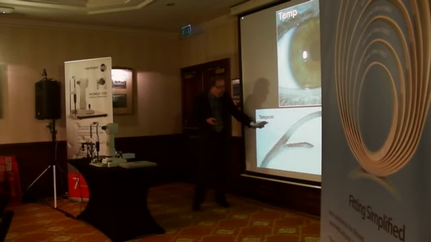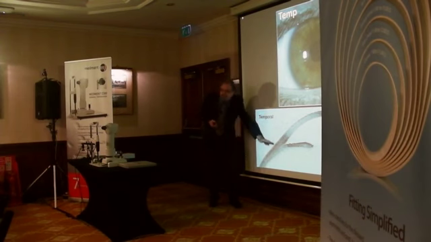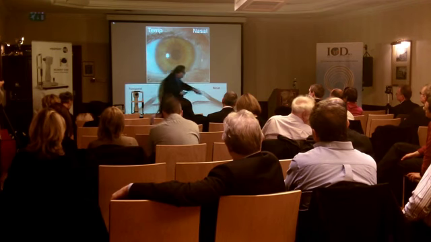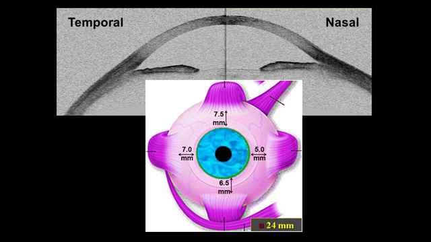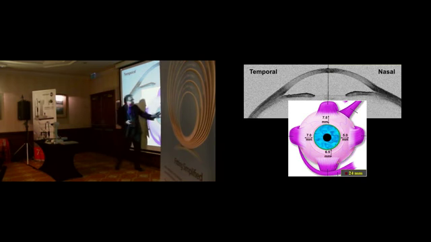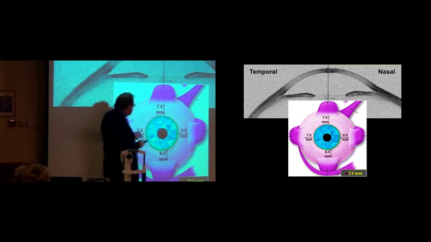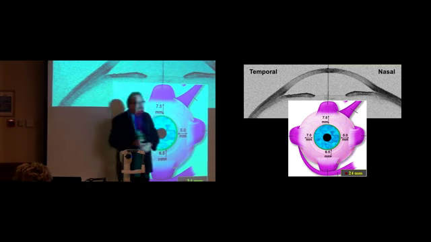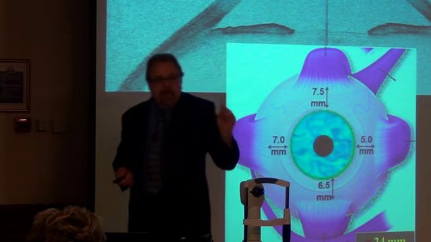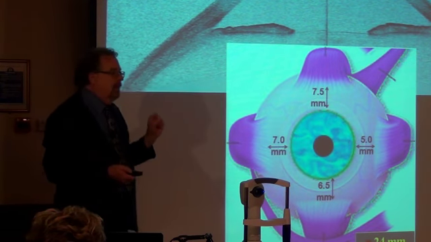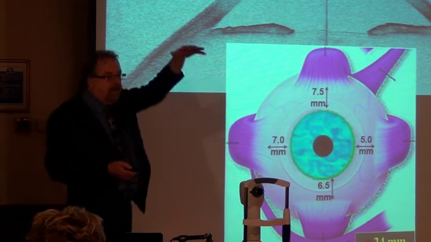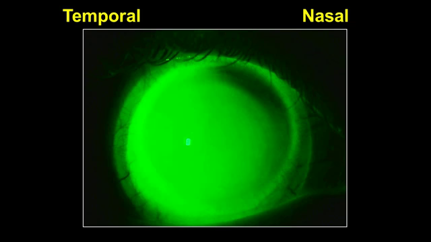But temporally, the eye is much lower than it is nasally. Now we suspect that this has to do with the insertion of the extraocular muscles. When we look at the pattern by which these muscles insert upon the eye, they are closest to the limbus on that nasal side. And perhaps that is what is influencing the height of the contact lens, or the height of the sclera.